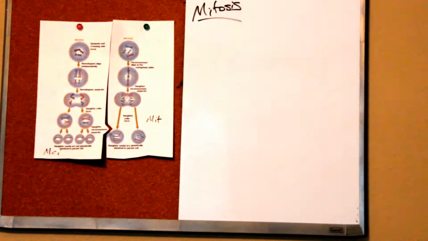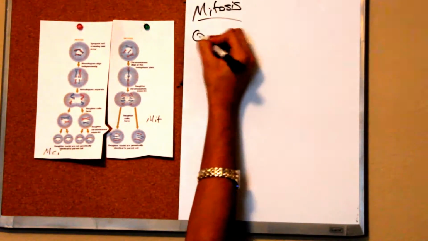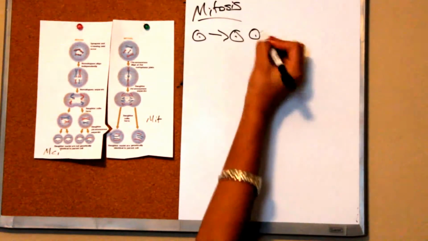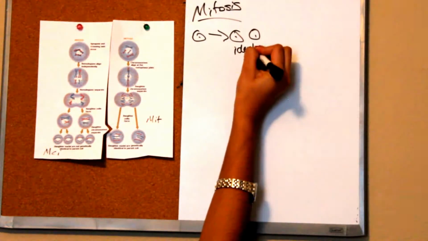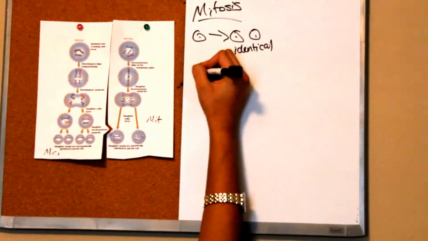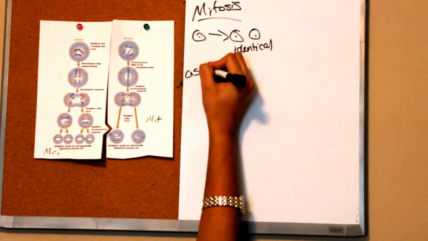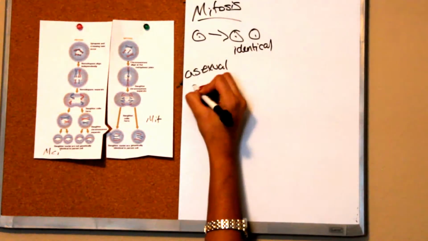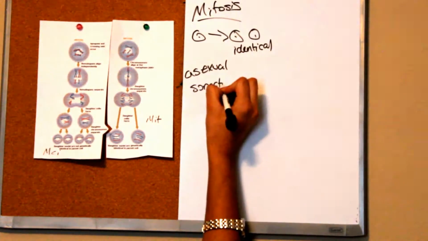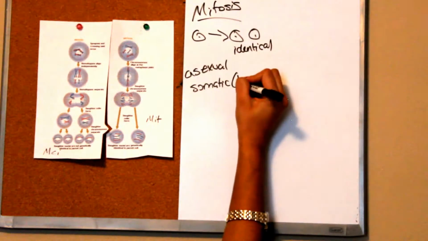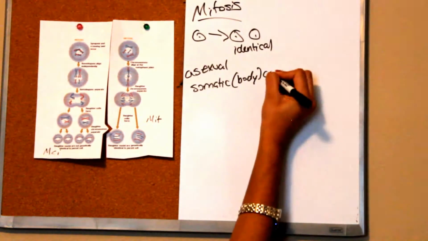From one parent cell, two cells are formed, and they are identical. They are clones of each other. It uses asexual reproduction, and it is done in somatic cells. Somatic cells are body cells.